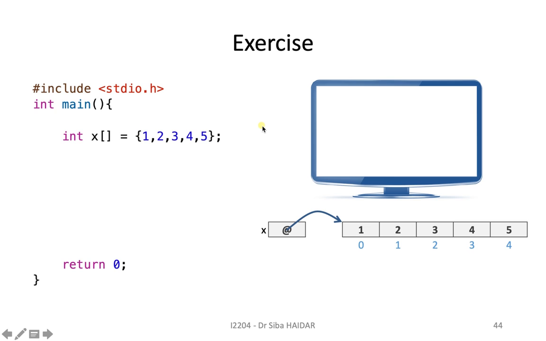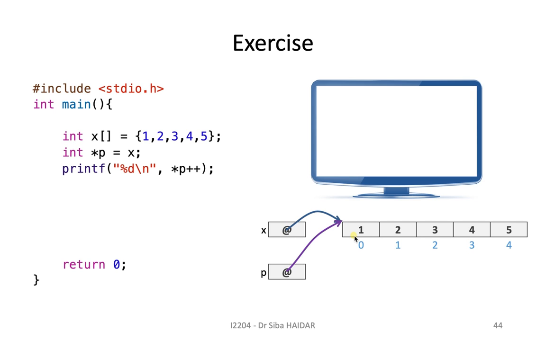So let's consider an example and let's see how to proceed. Consider this main program in which we have an array x, and now we know how to draw an array, x equal 1, 2, 3, 4, 5, and this is the screen because we want to see what will be printed on the standard output. So if I say int *p = x, p receives the value of x, which is the address of the first element in the array. If I say printf %d *p++, who will win?